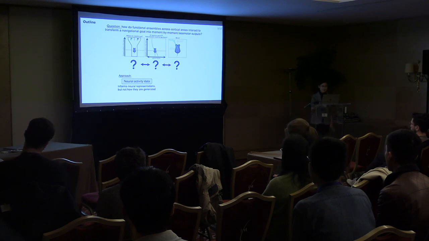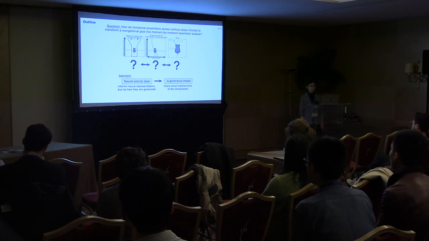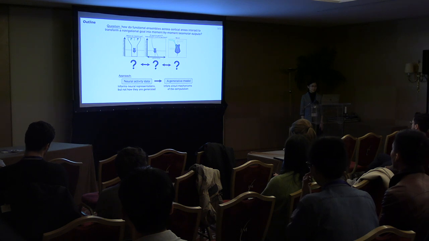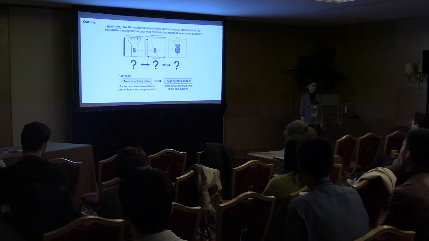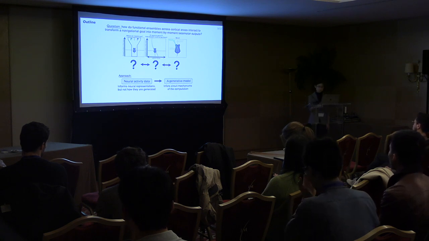Alternatively, you can do optogenetics, but it can be very time-consuming, and spatial resolution can also be limited by the available tools. So in this project, we want to take a computational approach. The hope is we can have a generative model, and when it is very well constrained by animal data, we can use the model to help us infer certain mechanisms of neural computation.